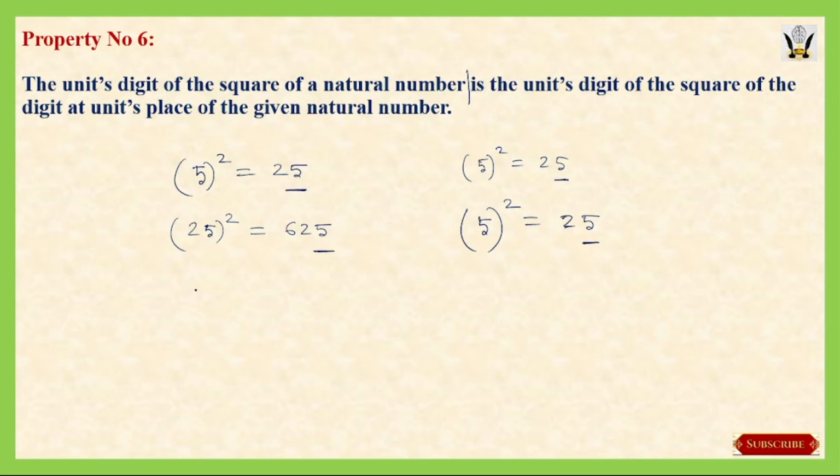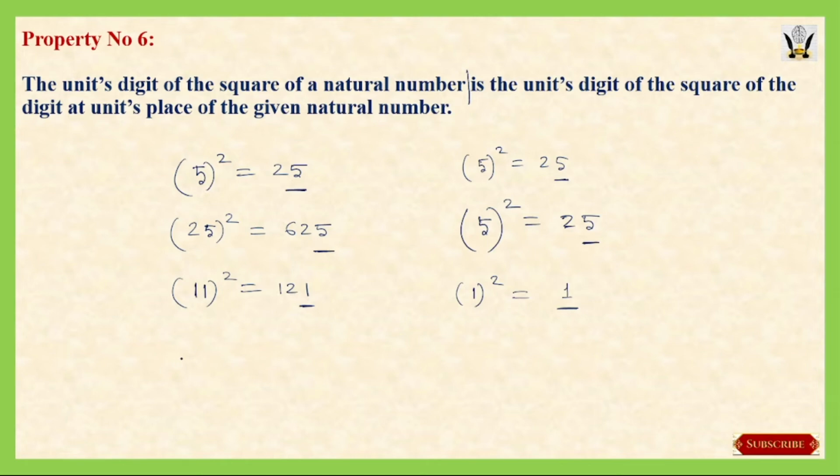Say we choose 11, then its square is 121. What is the digit at the units place of that square? 1. Now from the given natural number, if I take the digit from the units place, it is 1 only. And if I take the square of that digit, it will be 1 only, and this digit should be equal to the digit at the units place of the square number.